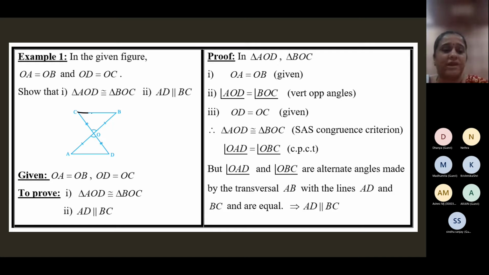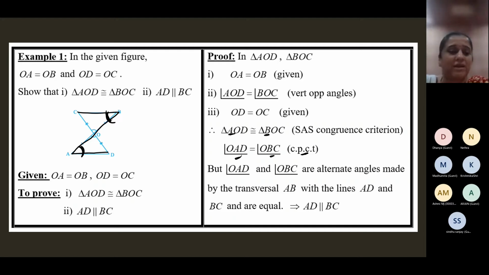Now you have to prove that the lines are parallel. So you're taking up this portion. You say that this angle, that is OAD, is equal to this angle, that is OBC. Why? CPCT. Simply, I'm not writing that. See here, angle A is equal to angle B, first position, AB, first position. Angle A is equal to angle B, CPCT.